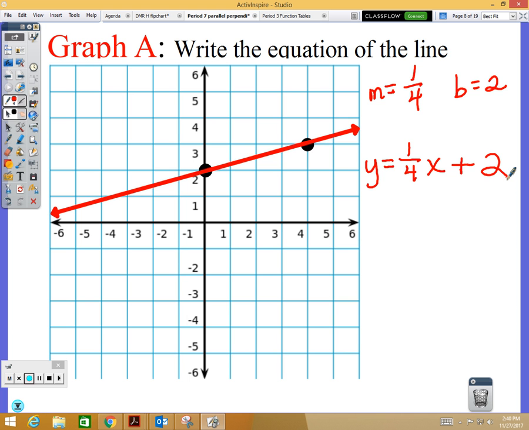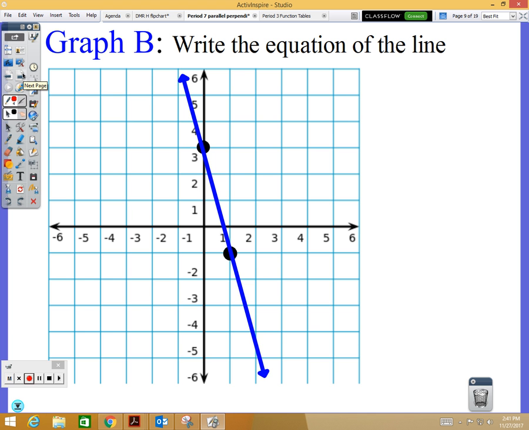Hopefully you have that equation written. Graph B looks like this. Find your y-intercept. It's obviously a negative slope. So b would be 3.